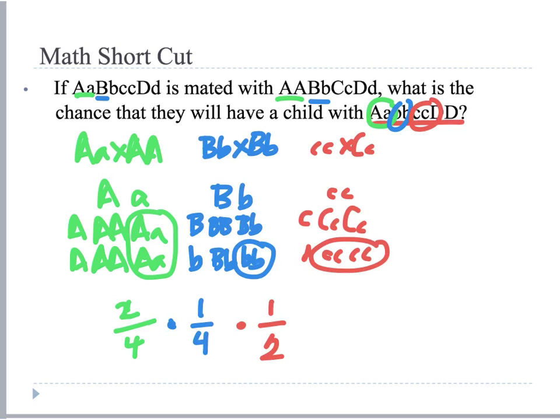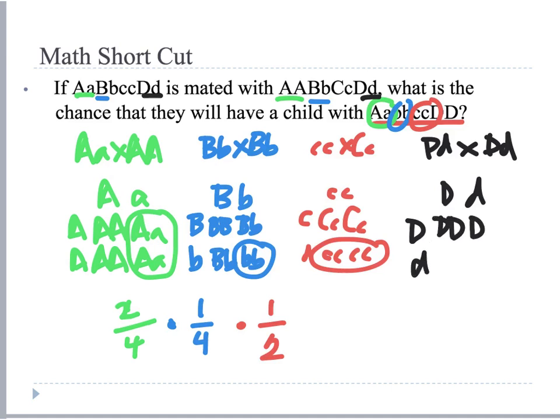And then my last one is the big D, little d times big D, little d. So big D, little d times big D, little d looks like this. And we are looking specifically for the big D, which is right there. So that's going to be 1/4.